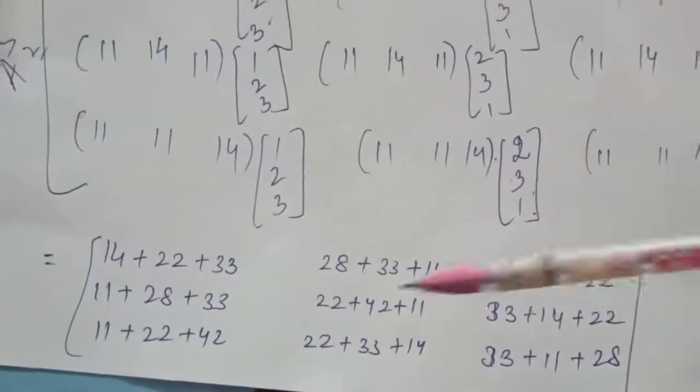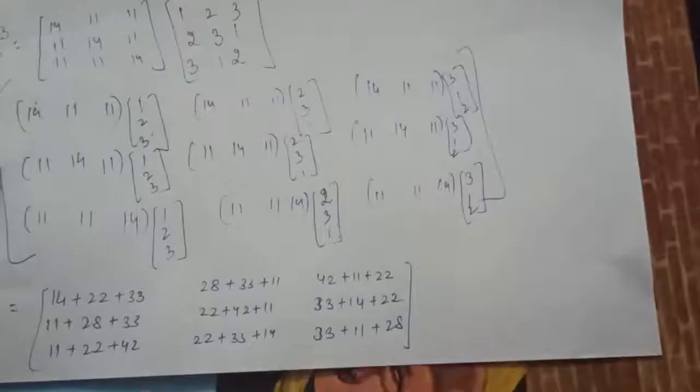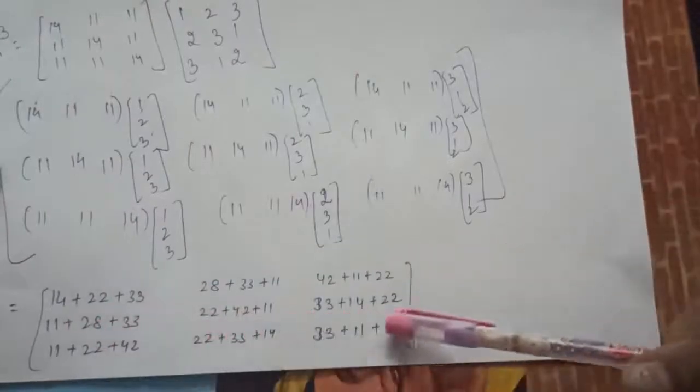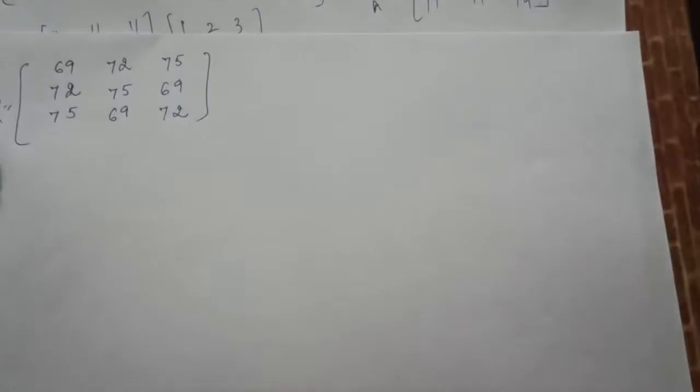So here when we add these values, we will be calculating A cube. After solving this entire part, you will come across this, and when you add up these values, finally your A cube will be in this format. This will be your A cube, right? So this is the A cube, that will be your answer.